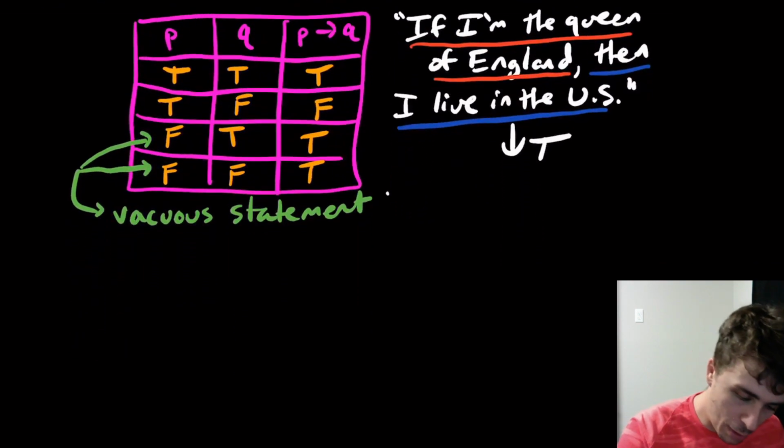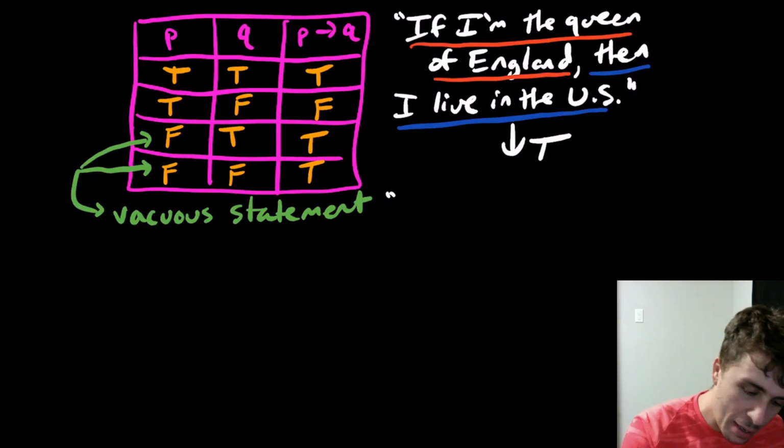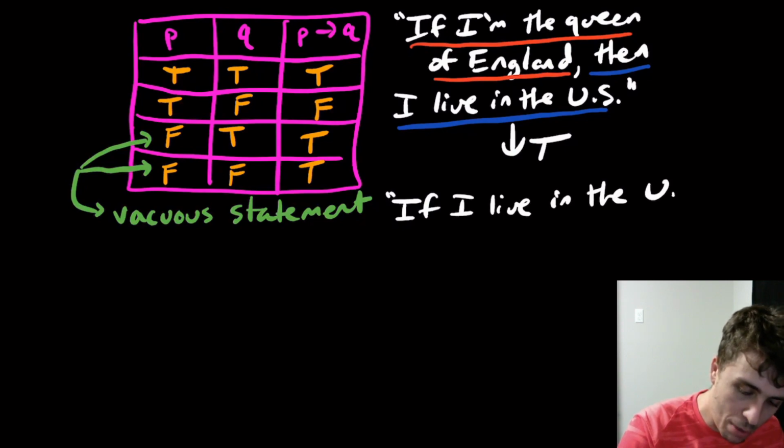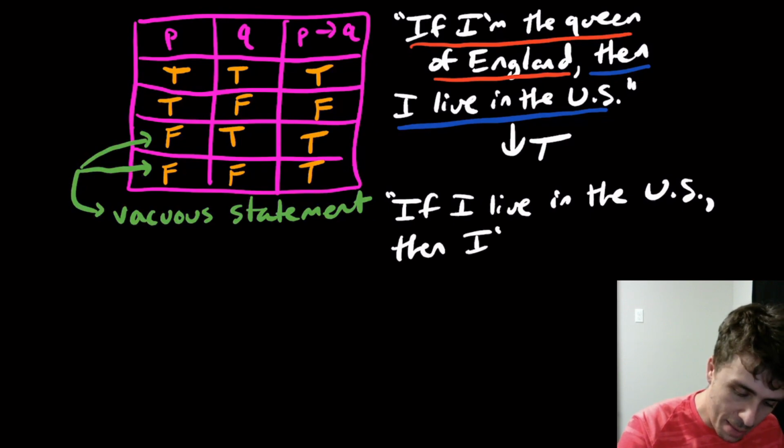Let's do another one, and actually flip this condition around. If I live in the United States, then I'm the Queen of England.